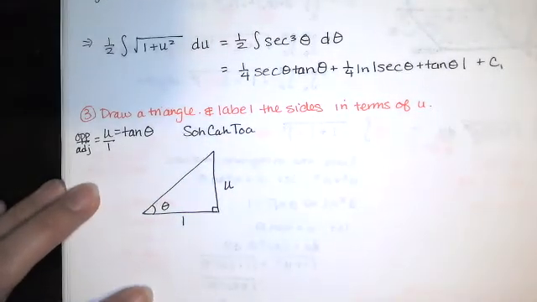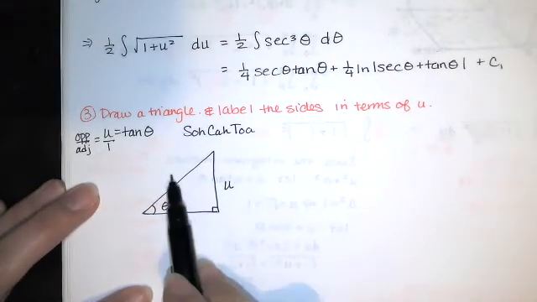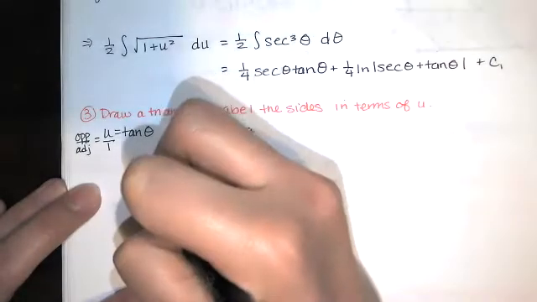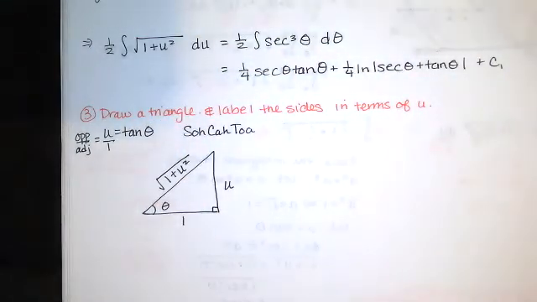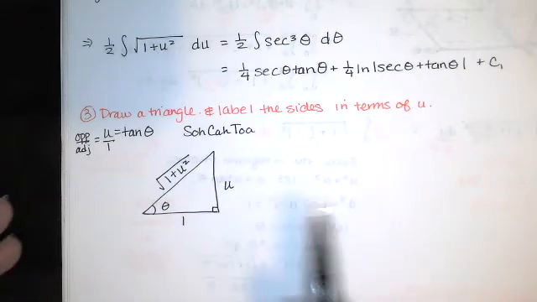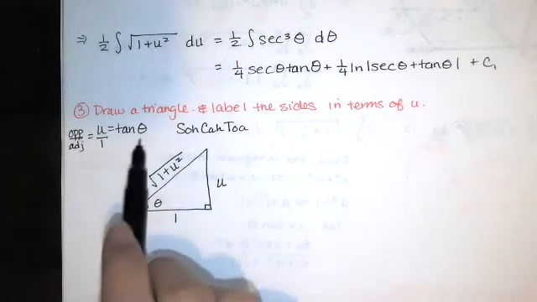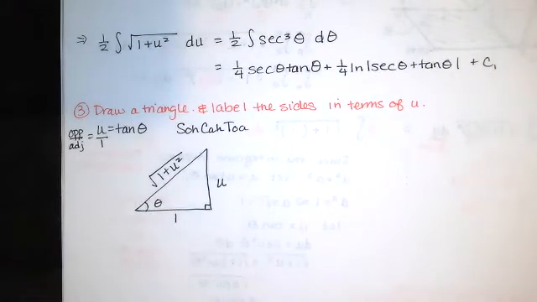And then by the Pythagorean theorem, this squared plus this squared equals that squared. So this is the square root of 1 plus u squared. You don't have to remember that every time. You could just look at the triangle associated with the tangent substitution on your trigonometric integrals or your trigonometric substitution reference sheet. That would be fine.